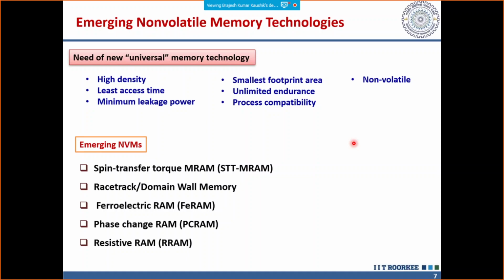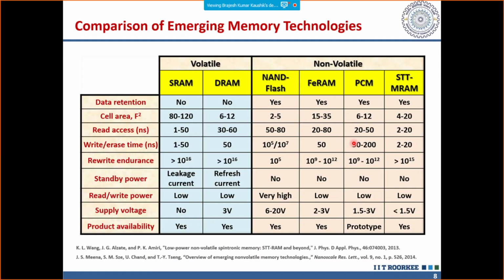And among them, before going on to other things, it's very important that we understand the comparison of all these technologies that we have off the shelf as of date. The important thing is that you need to make a comparison between volatile and non-volatile memories. SRAM and DRAM are placed within the volatile ones.